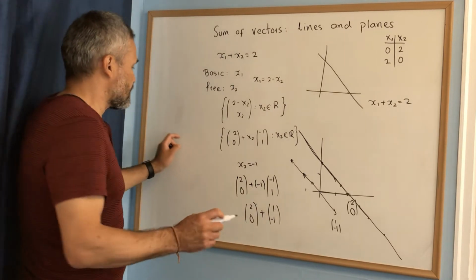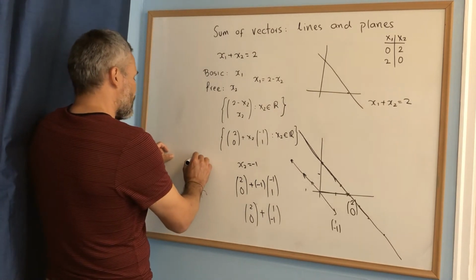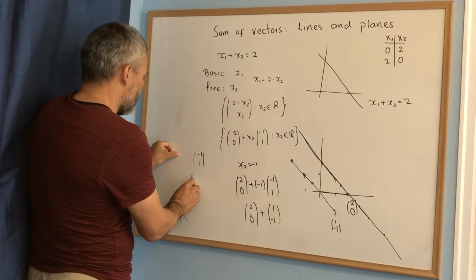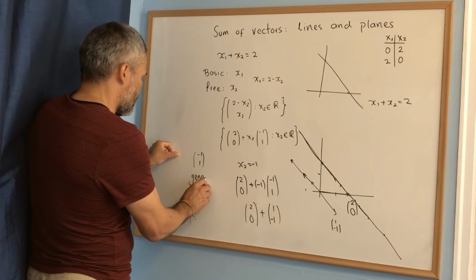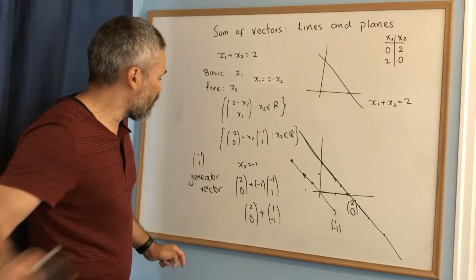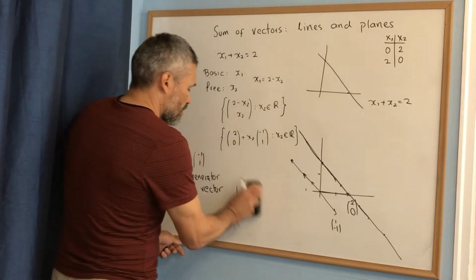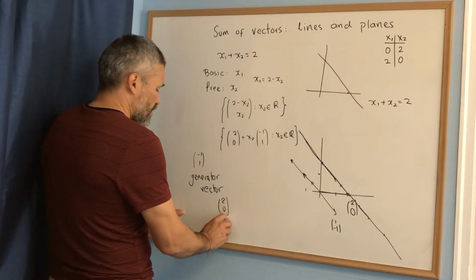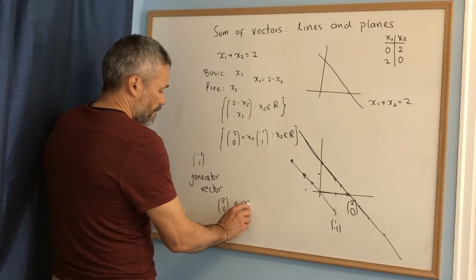We will say that in this case, the vector (negative 1, 1) is the generator vector. And we will call the point (2, 0) just a point in the line.